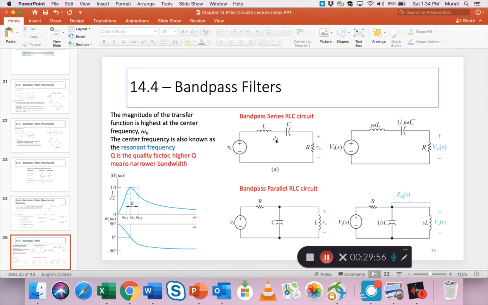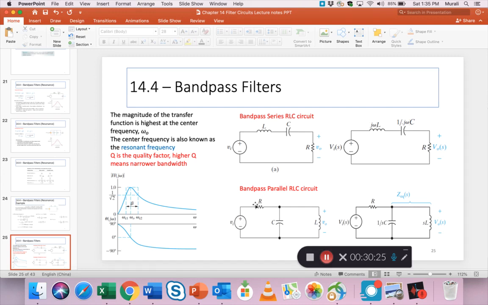In the case of series, you connect it like this, the value of interest is the output voltage, and the input is the input voltage, and so we take the output from the R. Only in this configuration do we call it a band pass filter. Similarly, look at this parallel combination.